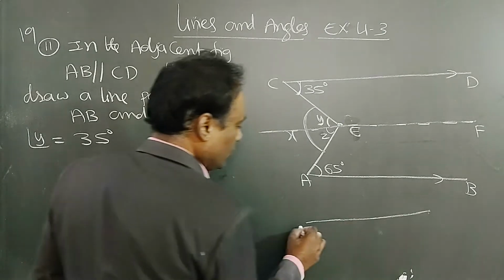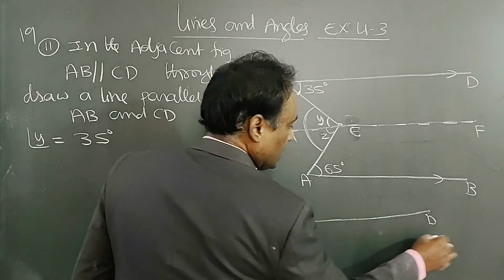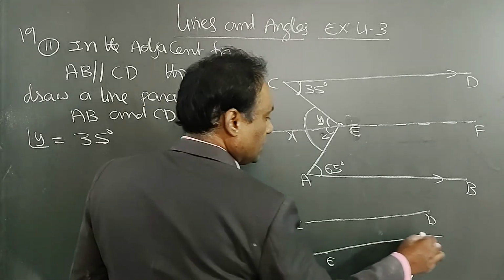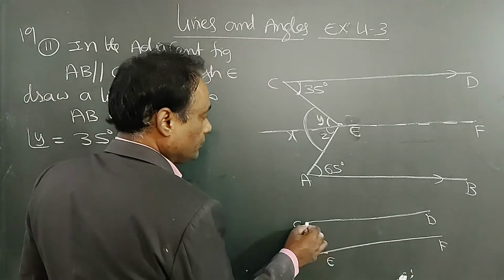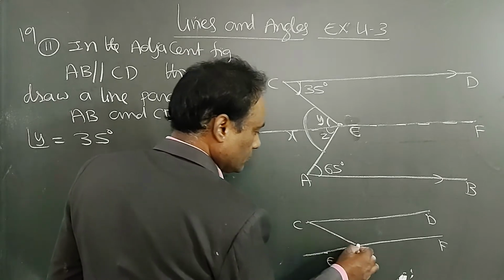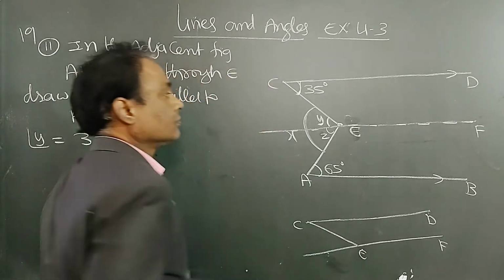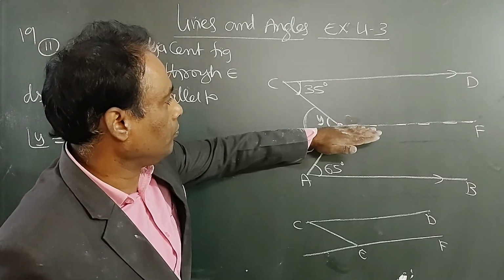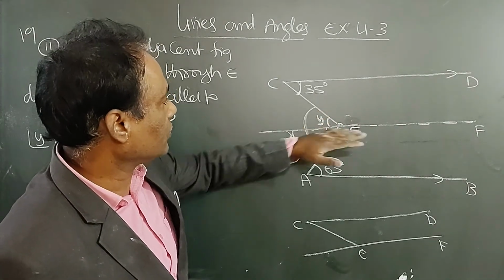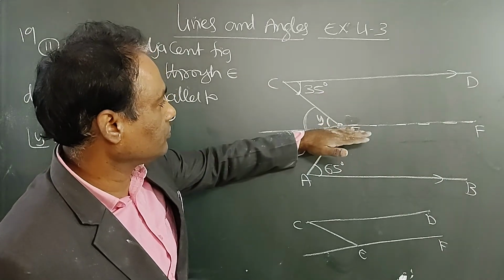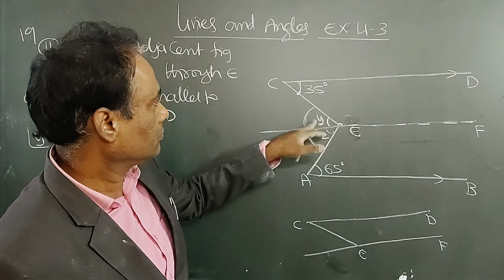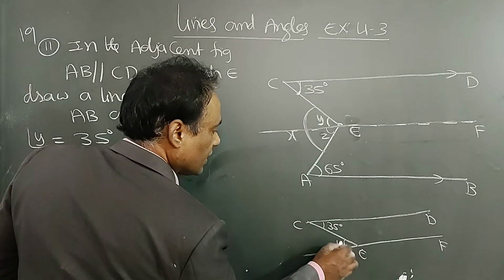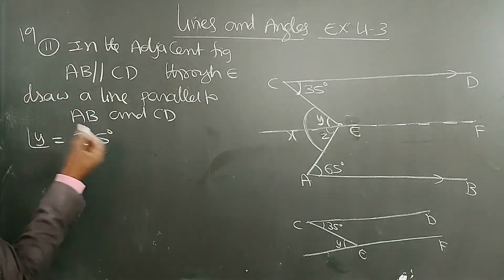See, this is CD, this is E, F. Forget about this below portion. 35 is equal to Y. This is 35, this is Y, so Y is equal to 35.